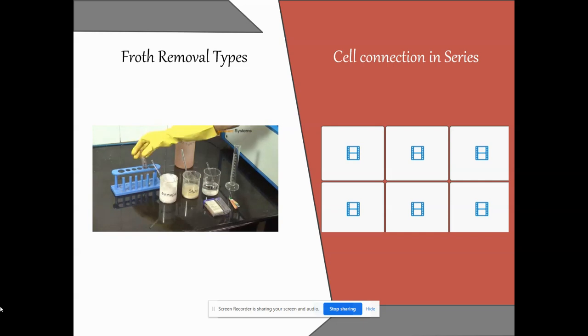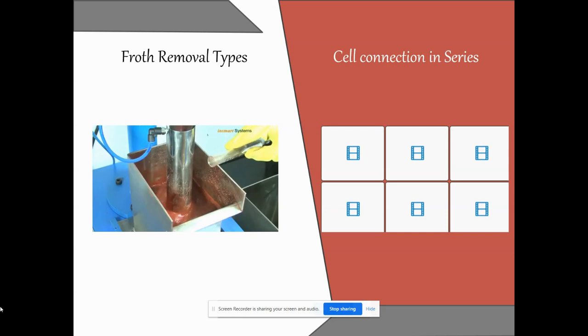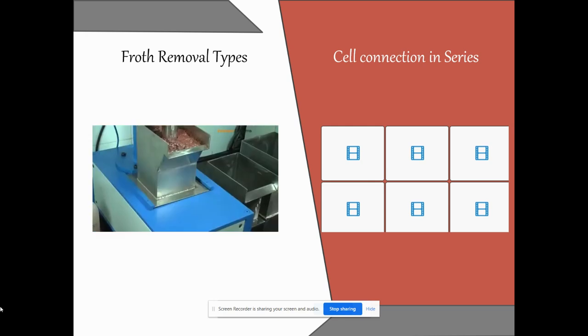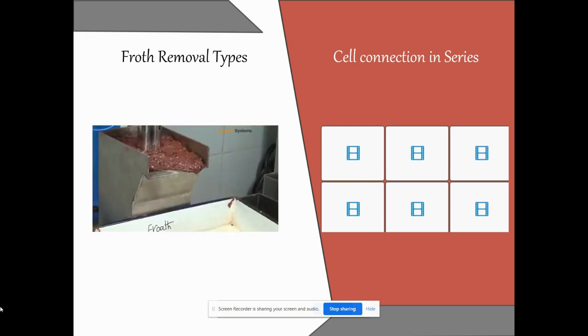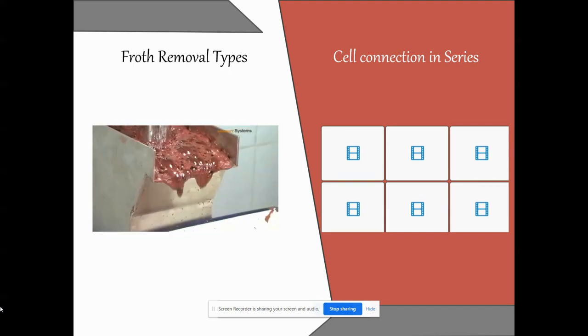With all the test tubes being poured, all the chemicals are mixed. Froth is generated, which is then slowly collected in a container.